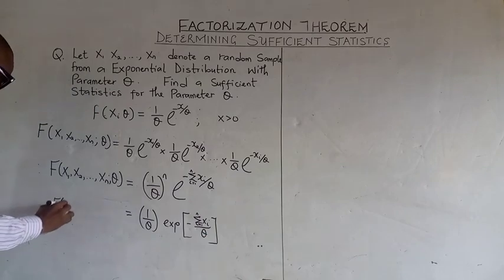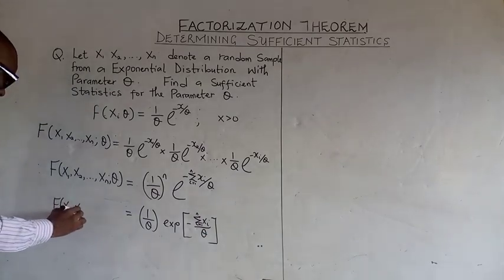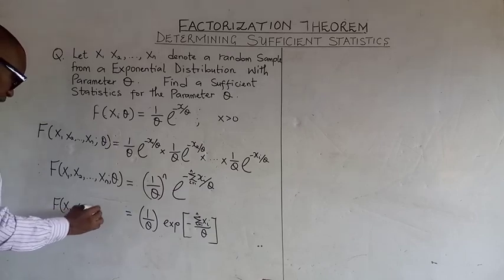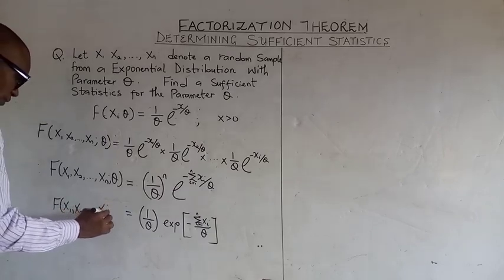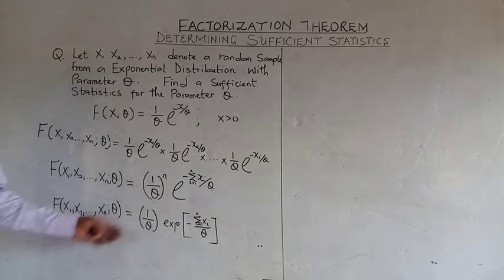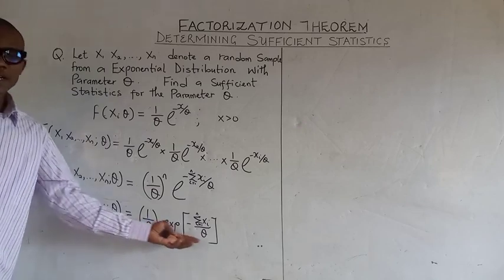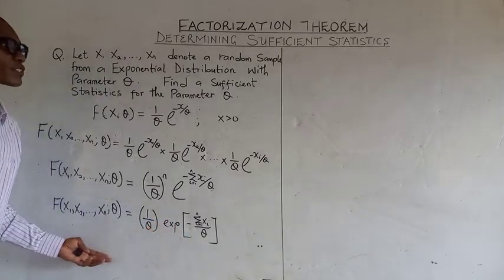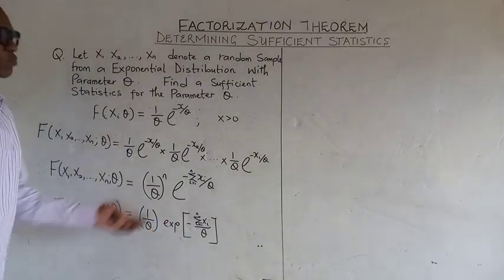So what we need to do is to see how we can get the two components, just as the factorization theorem stated. To get the two components, we move over to this side.